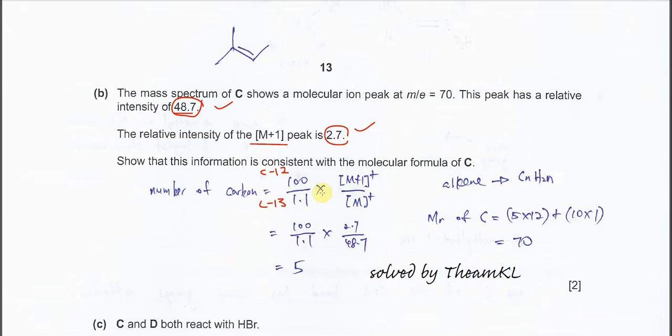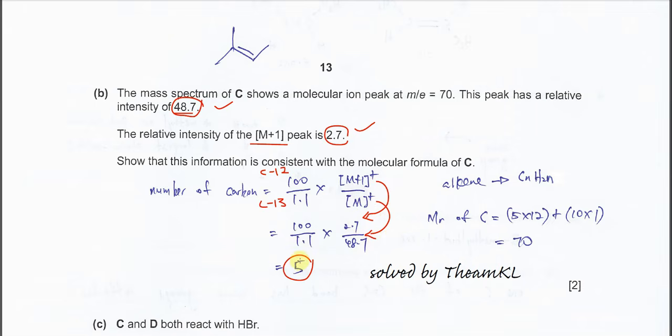And this needs to be multiplied by the relative abundance or relative intensity of M+1 over M+. M+1 is given as 2.7, and M+ is 48.7. Substitute these two and calculate, and you get 5.